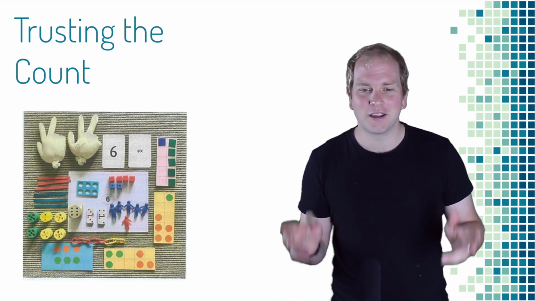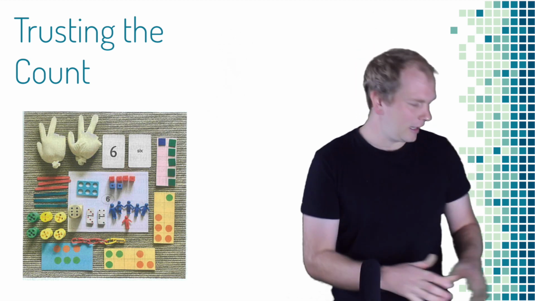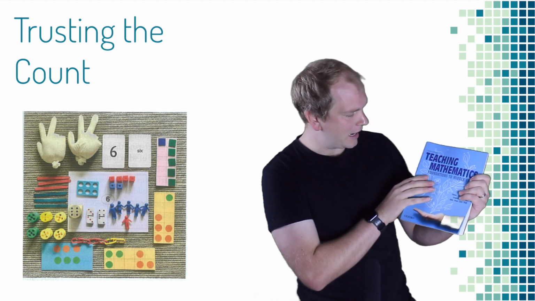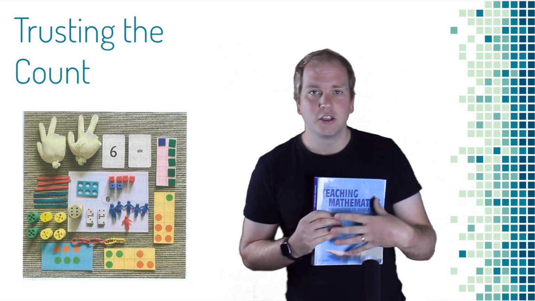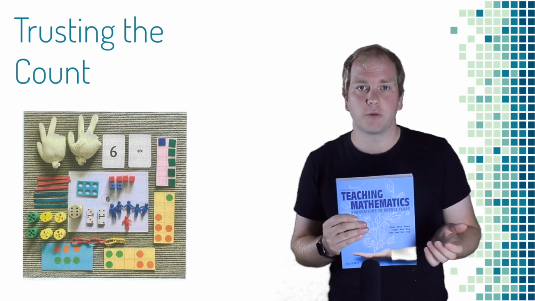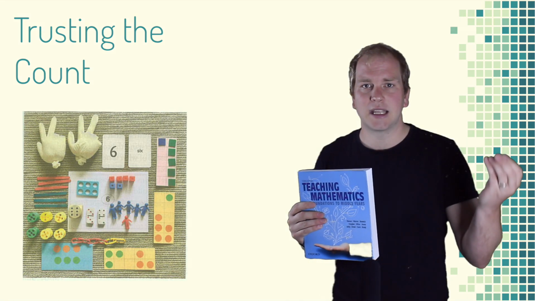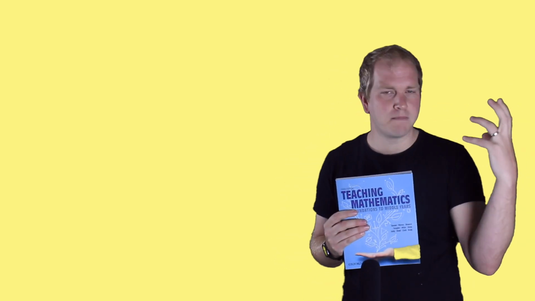Alright, so to begin with, let's talk about what trusting the count actually means. And so in Teaching Mathematics: Foundations to Middle Years, Di Siemon talks about trusting the count, and she introduces it with this example of yellowness. So thinking about how you actually came to know what yellow is. Because when you close your eyes and you picture it, I'm sure you can have this mental object, this sense of what yellow is.